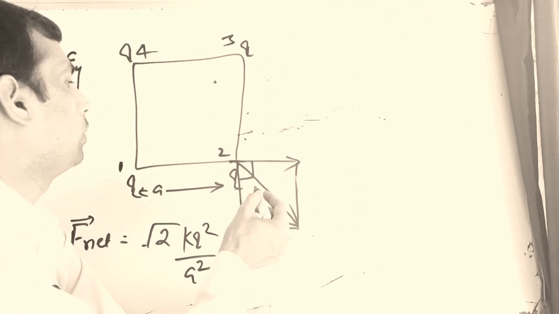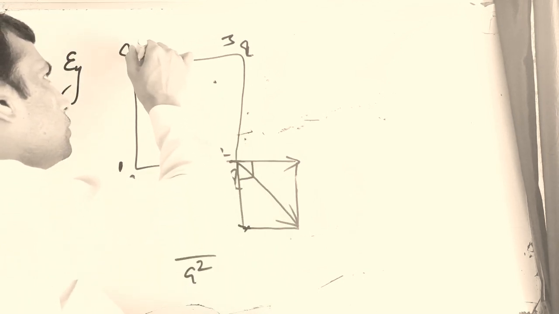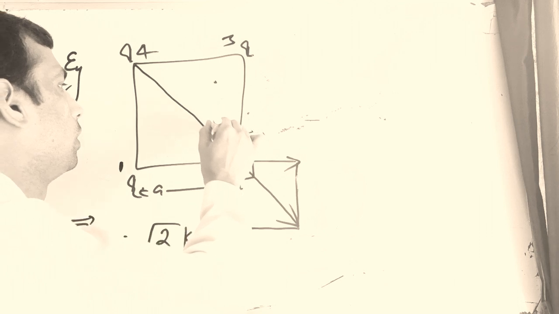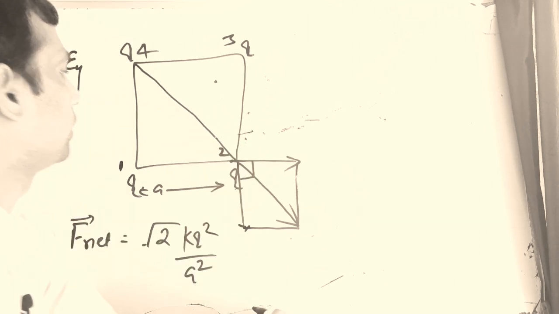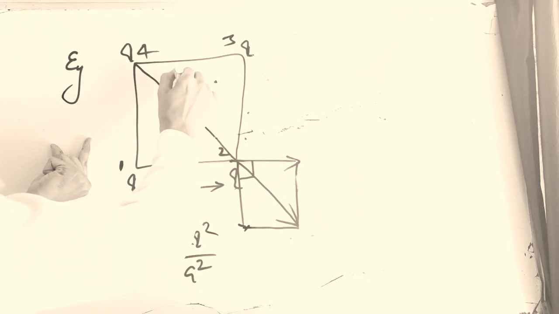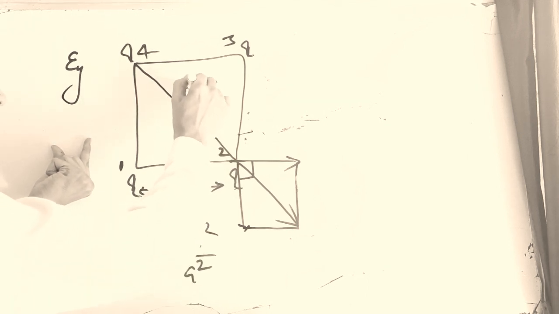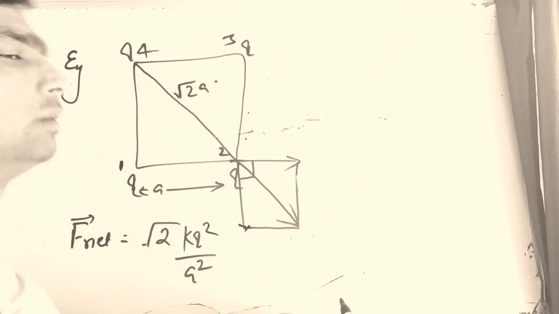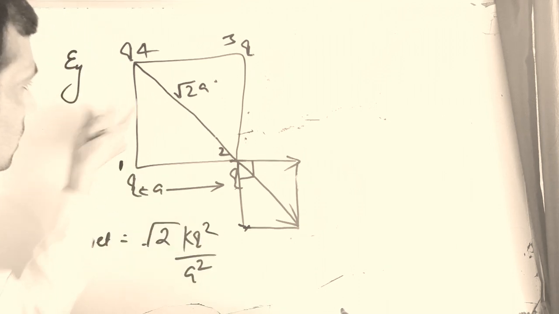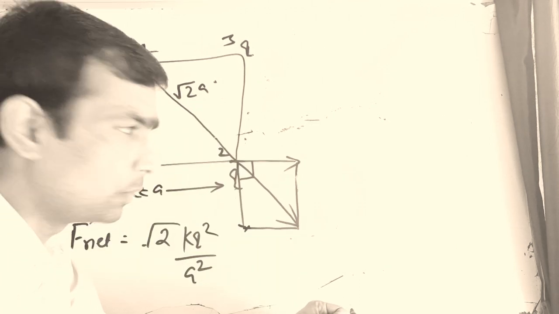Fine. So now I'm going to take this pair of charges. You can say this is triangle with sides a and a. So by Pythagoras, this is root 2a, the hypotenuse.